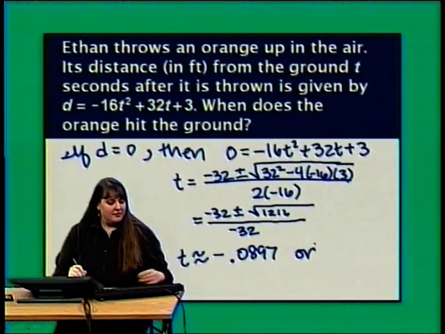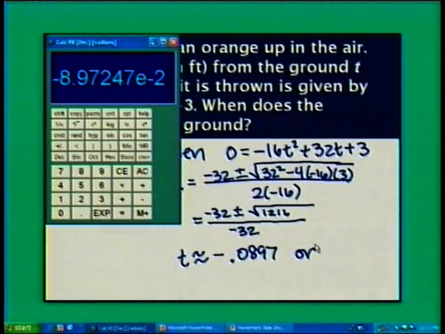What about the other value of t? Well, pulling out the calculator again. So in parentheses, negative 32 minus the square root of 1216, all divided by negative 32.